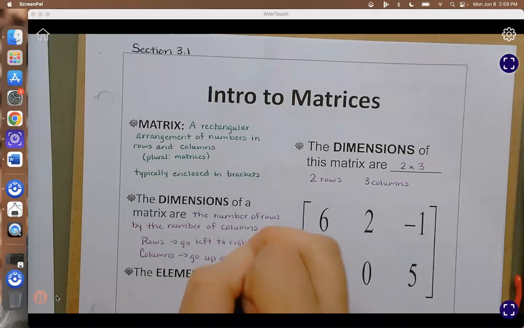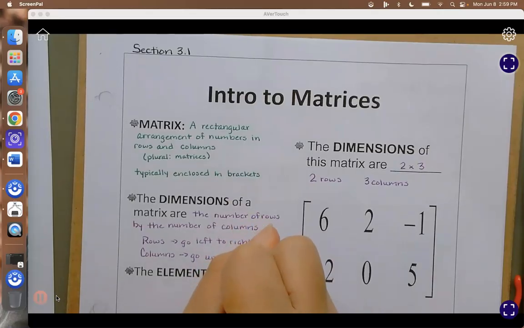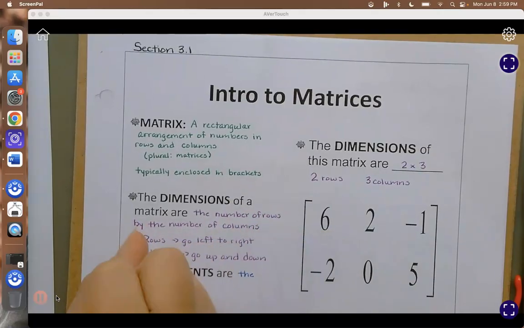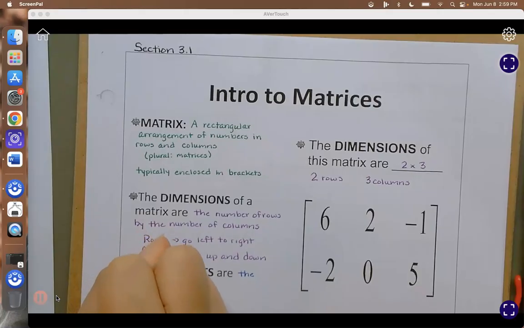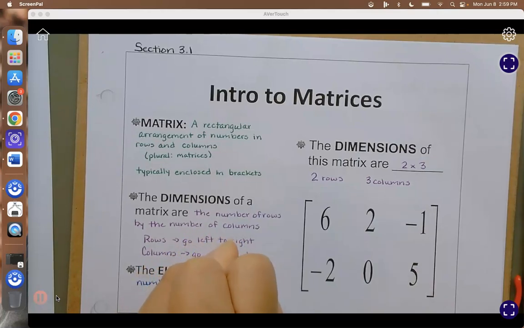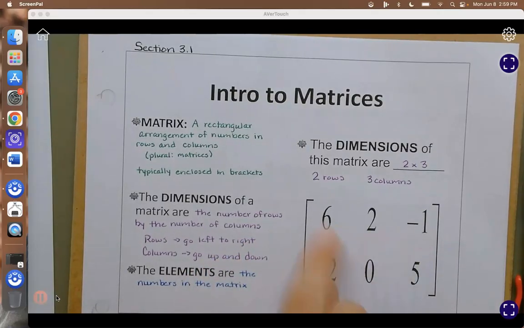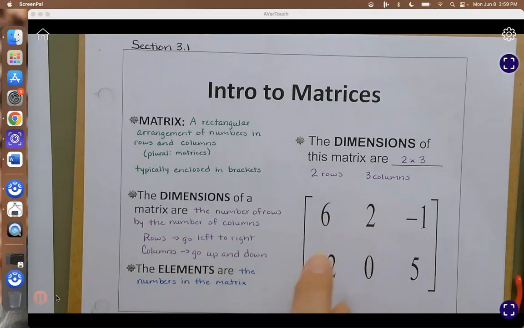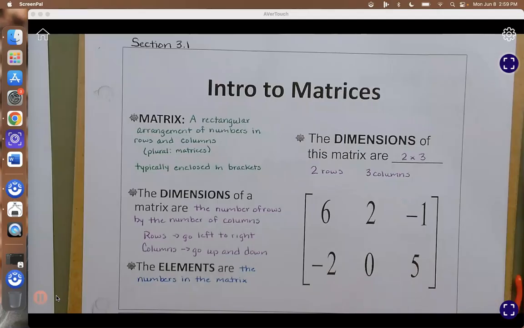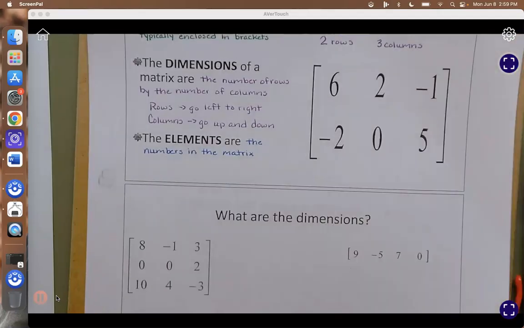The elements are the numbers in the matrix. So this matrix has 6 elements. 6, 2, -1, -2, 0, and 5 are all the elements of this matrix.